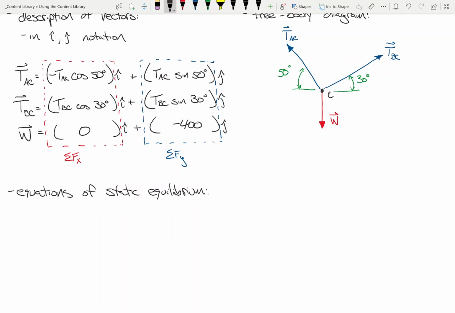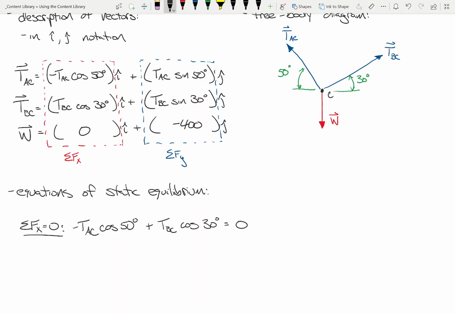So the sum of the forces in the x direction equals 0 means the following. It means that, right?